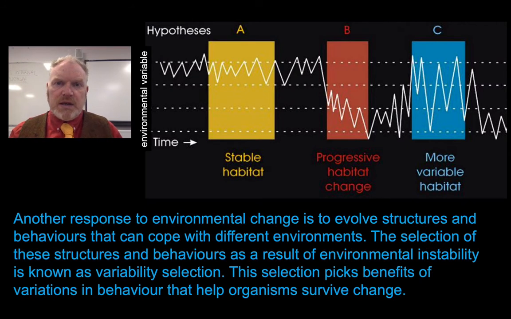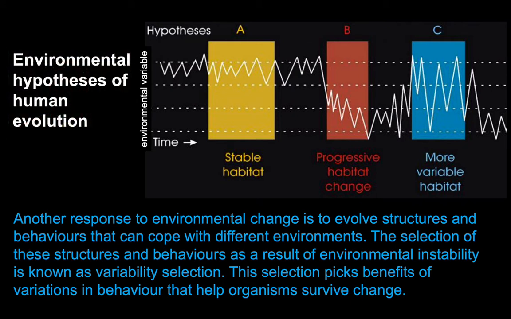Perhaps what we'll see is actually a selection of features that favour adaptability. If organisms can adapt to this fluctuating environment, can develop behaviours, it will select particular features that allow organisms to adapt to this unstable environment.